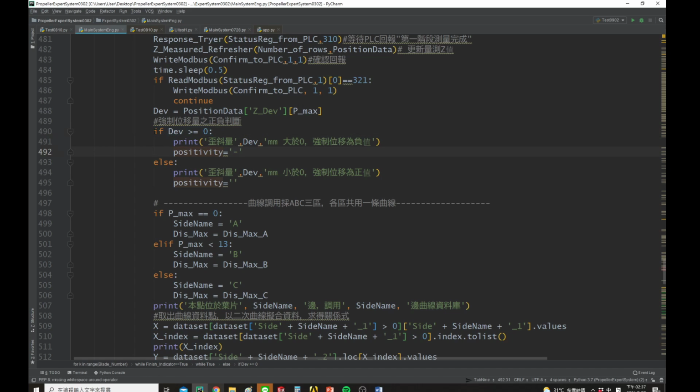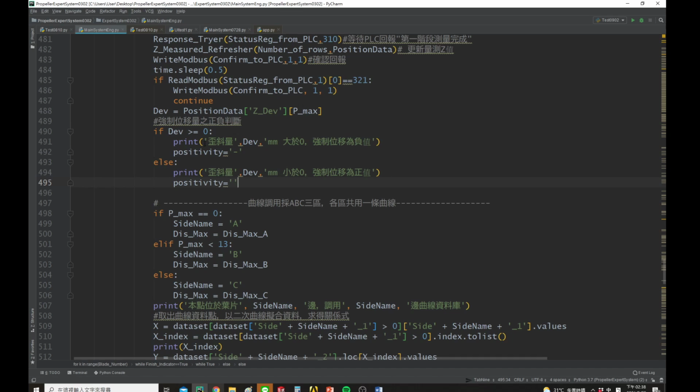If the deviation of that point is greater than 0, the direction is negative. Else, that means the deviation is smaller than 0, it should be positive. For the positive, we don't need to add any prefix here.